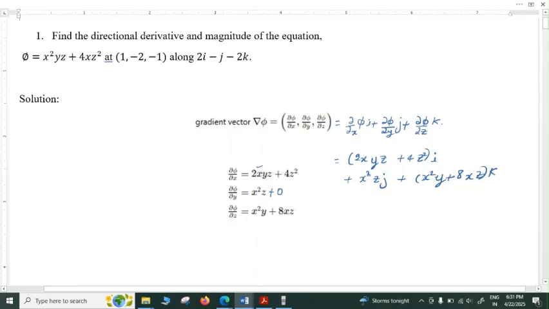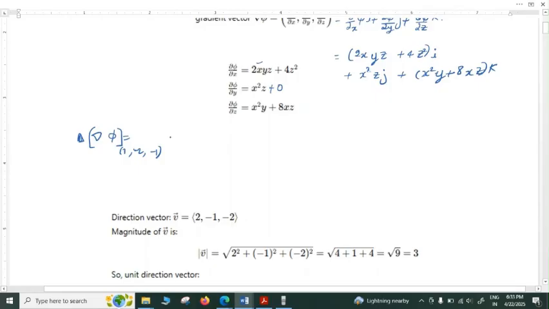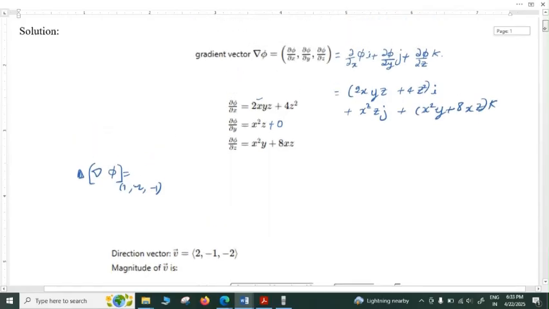Now look here students, in the directional derivative and to find the magnitude of the function along 2i minus j minus 2k, here we can see the values they have given. This is at (1, -2, -1). So if you take this as nabla phi, we'll substitute x, y and z values one by one in this formula.